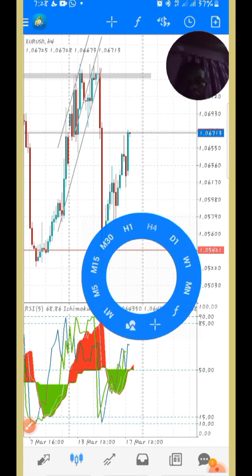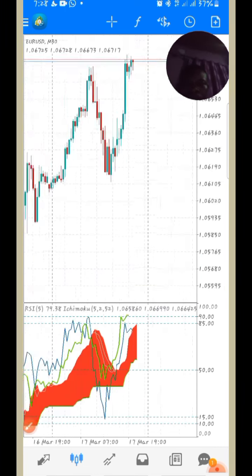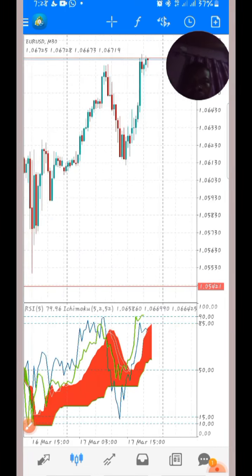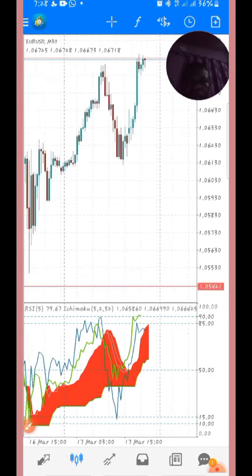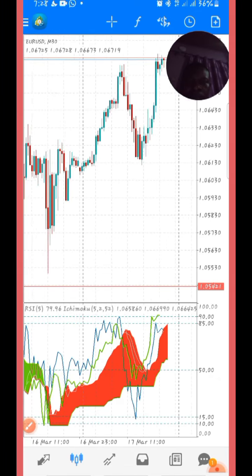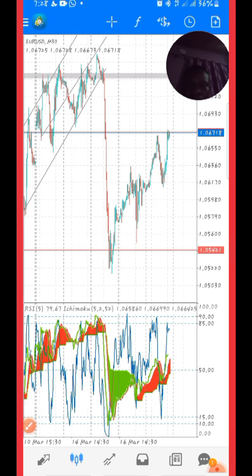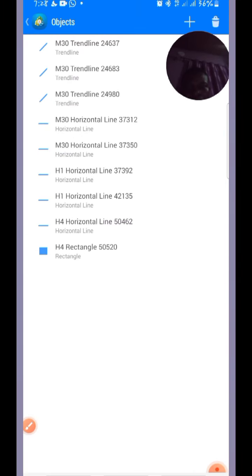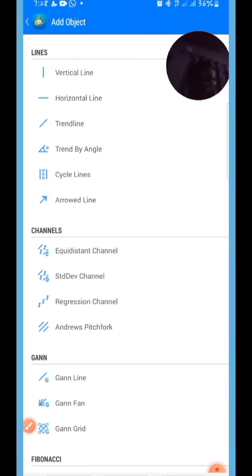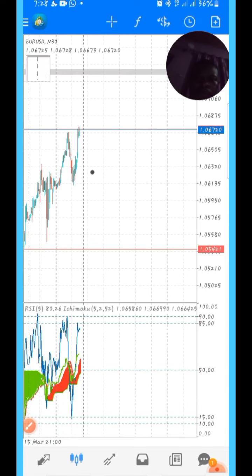But also know this is not the only way to analyze markets. This is not the only dependable way to trade. There are a lot of other things like price action, fundamental analysis, currency indices and lots more, that you need to learn to be a successful trader.